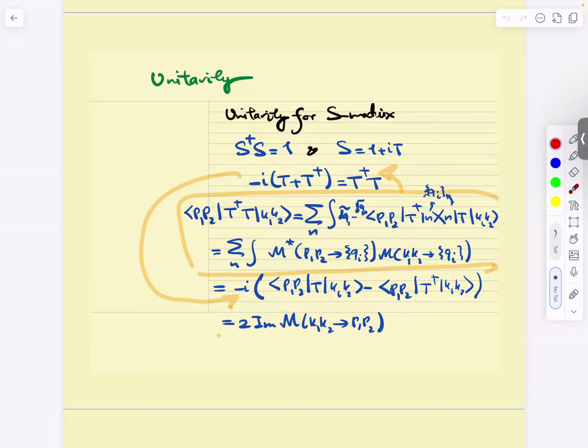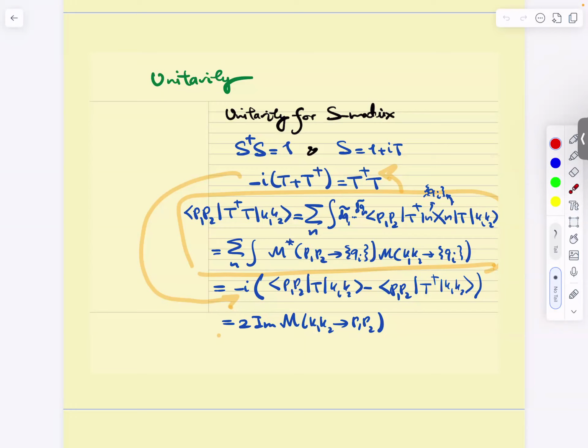So let me do it on the board. Let me elaborate a little bit better. I don't have the pen, so it is a little bit tricky. Minus iT plus T dagger has to be T dagger T. You know what these are related to, right?